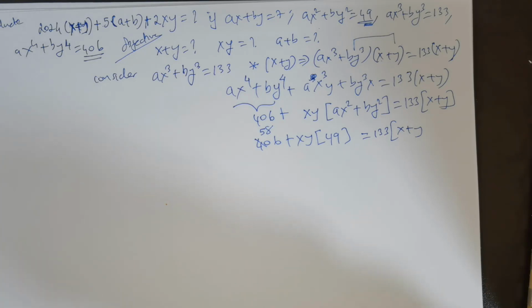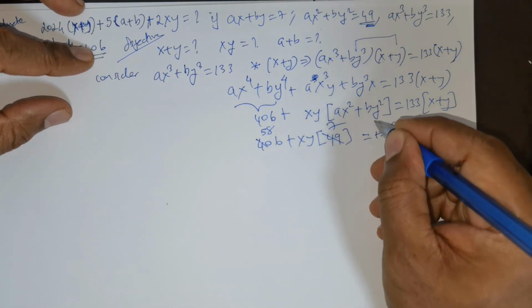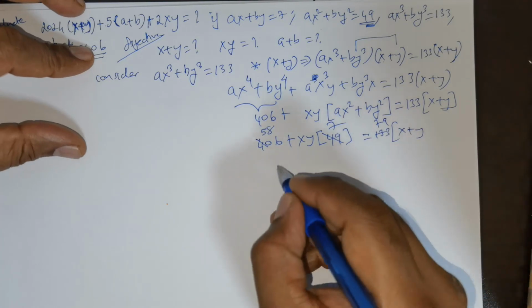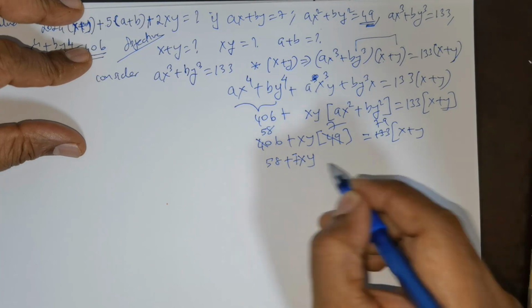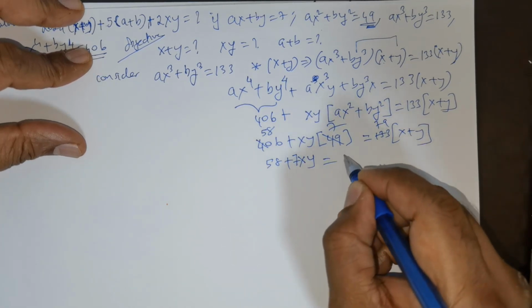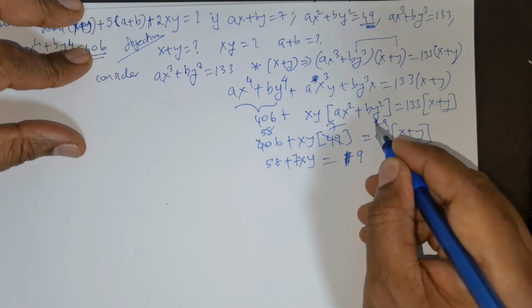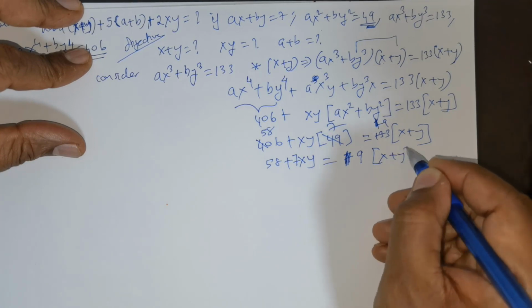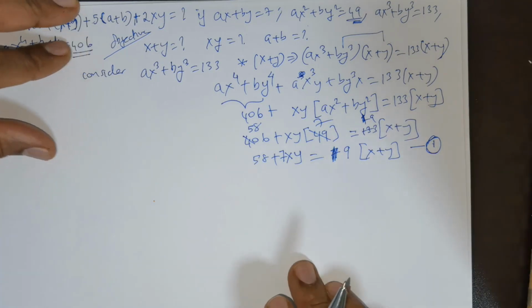So we can perform some reductions over here. So 58 + 7xy = 19(x + y). Okay, so I'm going to take this as equation 1.